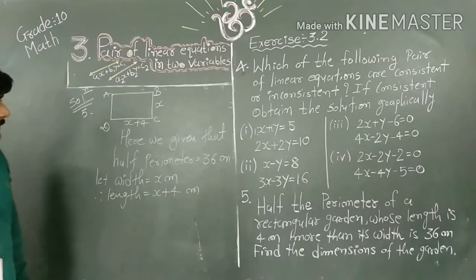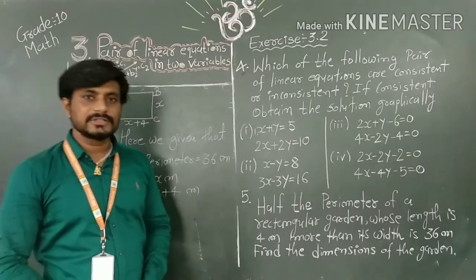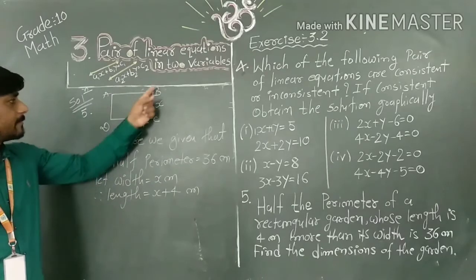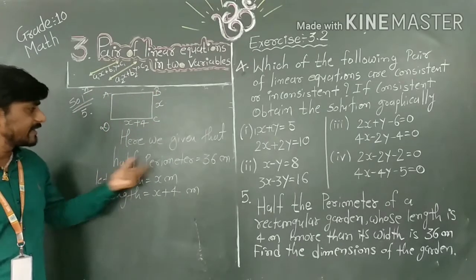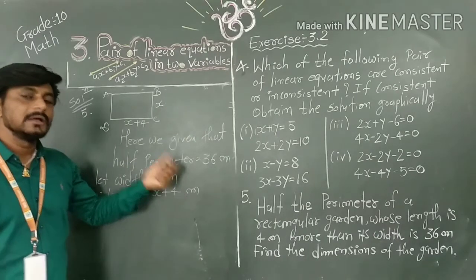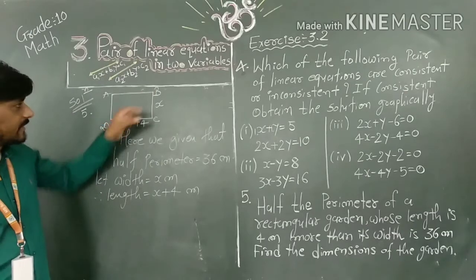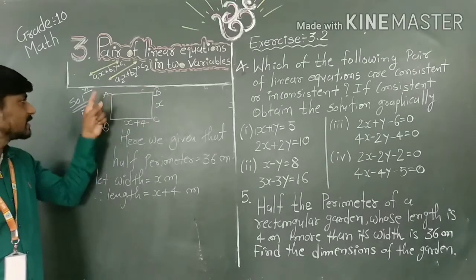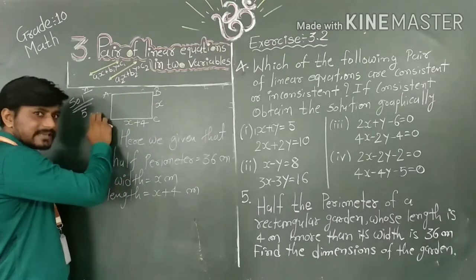Now what is a perimeter? Perimeter means the sum of all sides: AB plus BC plus CD plus DA. But here we are given the half perimeter, that means we take half of the rectangle, that means BC plus DC, or you can write AB plus AD, because in a rectangle opposite sides are the same.